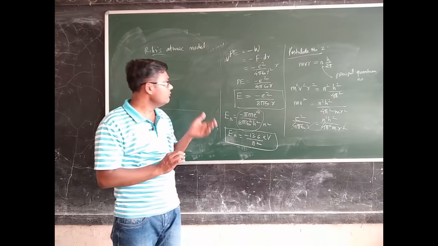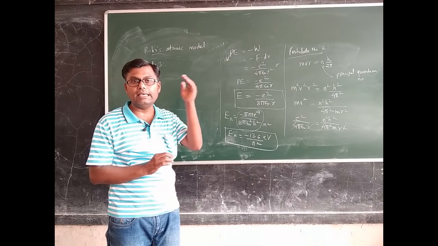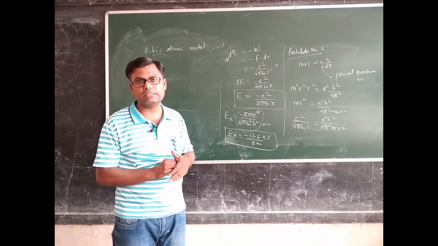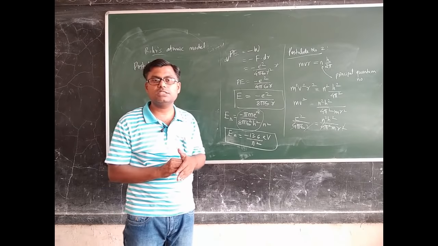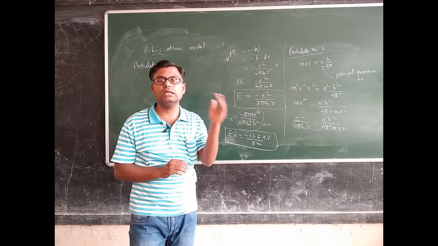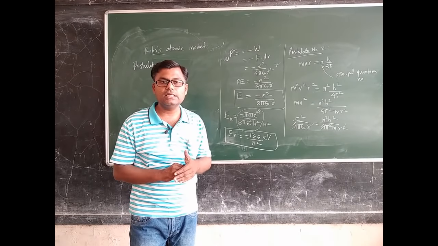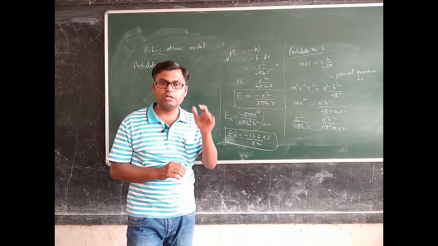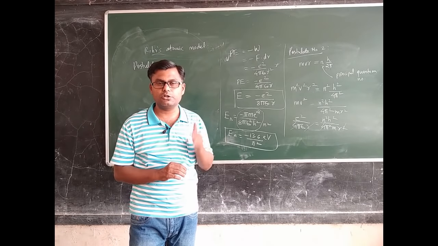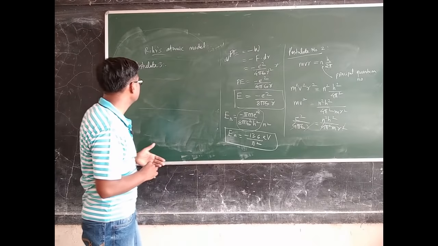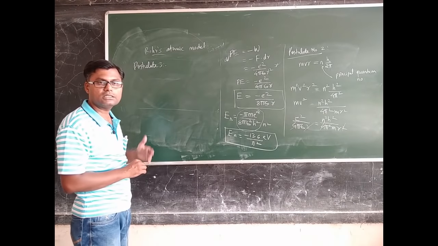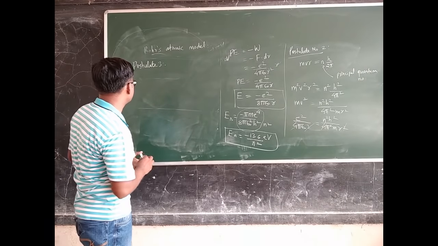And if the electron jumps from a higher energy level to a lower energy level, or from an outer energy level to an inner energy level, then only the difference in the energy will be emitted in the form of electromagnetic waves.